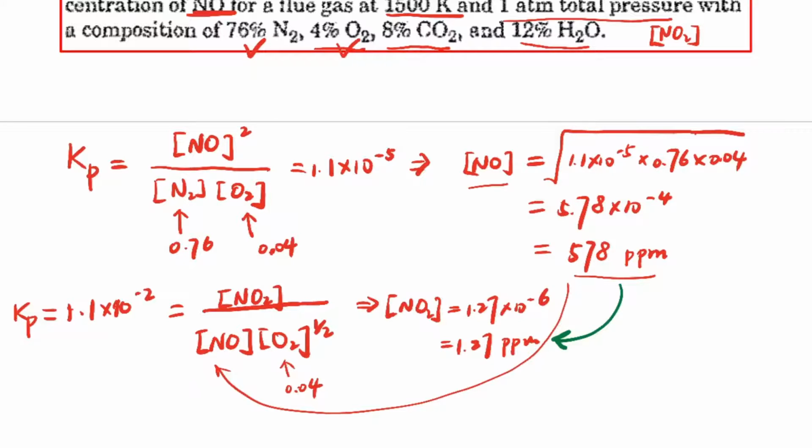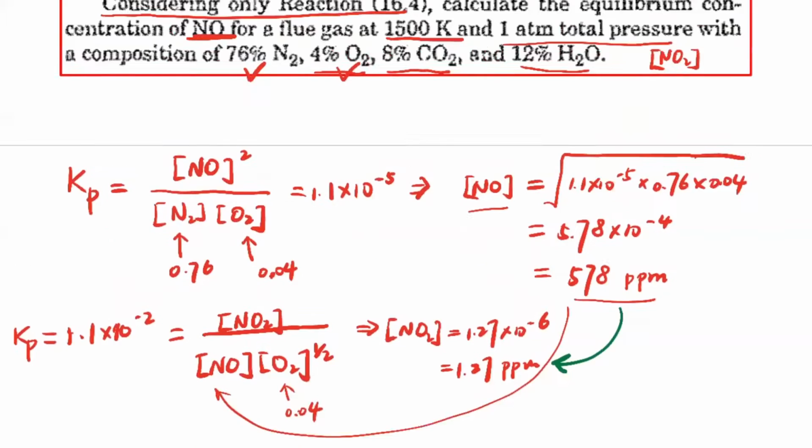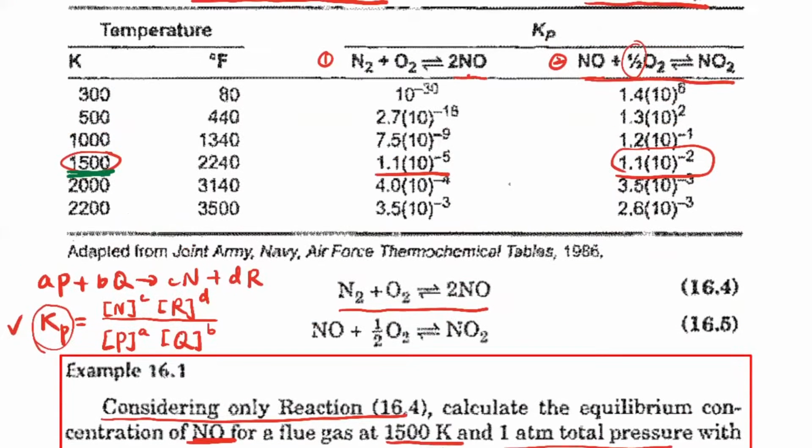Then we may wonder what's going to happen at a lower temperature. Let's assume this is what happens in the coal-fired, high temperature boiler, where we already have a flue gas that contains nitrogen, oxygen, some nitrogen monoxide, and less nitrogen dioxide.